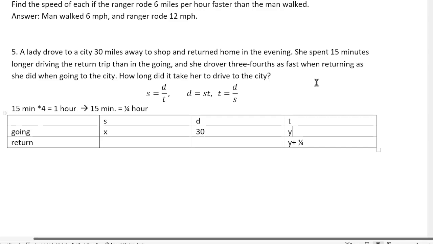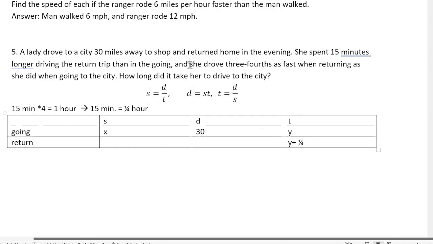All right. So she drove 3/4 as fast when returning as she did when going to the city. Okay, so returning was slower. Yeah, that's why it took longer, right?